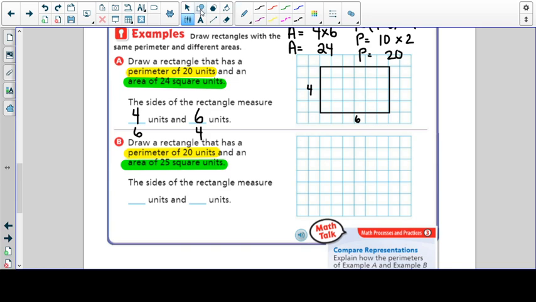So let's see what we can do here. I need to think of two numbers. When I multiply them together, I get 25. And then when I add those two numbers together and then double it, I get 20.